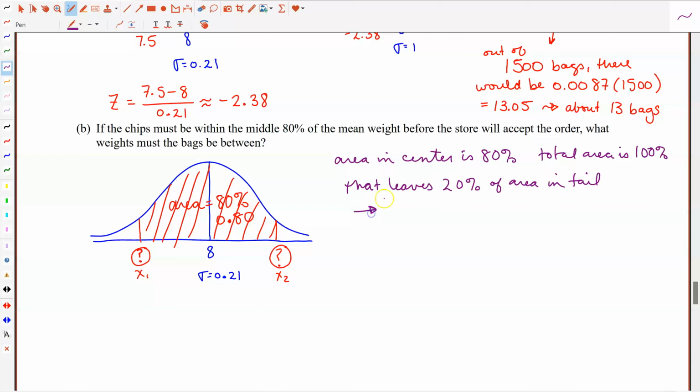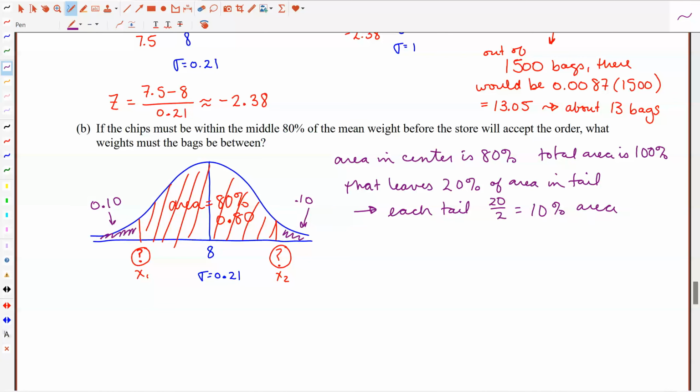Now the tail regions are symmetric, so that means each tail has half of the 20, or 10% area. So over here in this tail region, this area is 10%, or 0.10, and out here in the left tail region, that also has an area of 0.10.